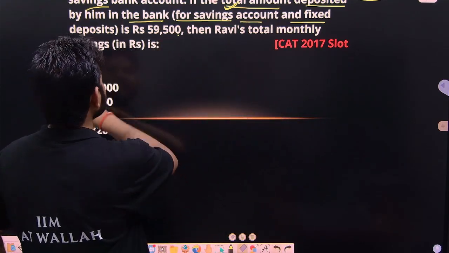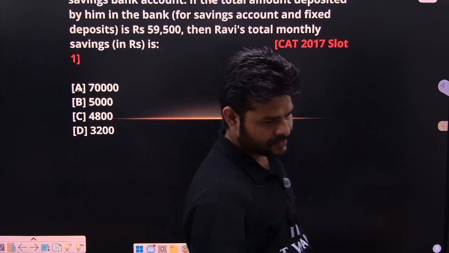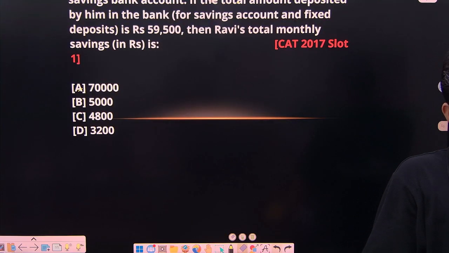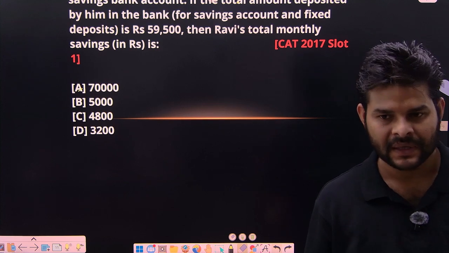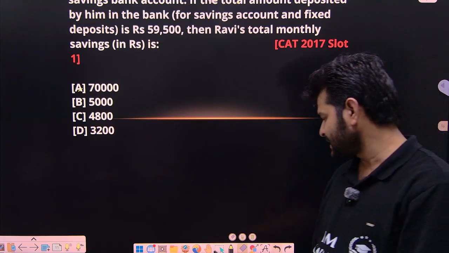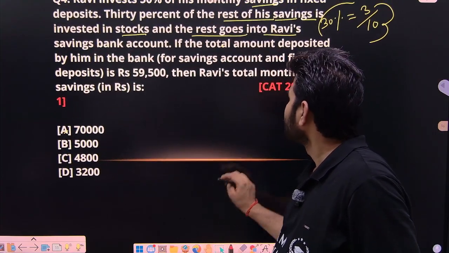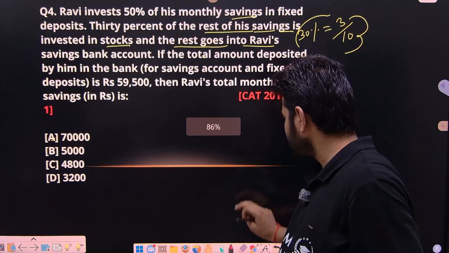The question is saying, suppose there is a girl or boy who saves a certain amount on a regular monthly basis. So there is Muskan who saves a fixed amount on a regular monthly basis. Suppose he saves X rupees on a regular monthly basis. Whatever her salary is, we don't care about that.